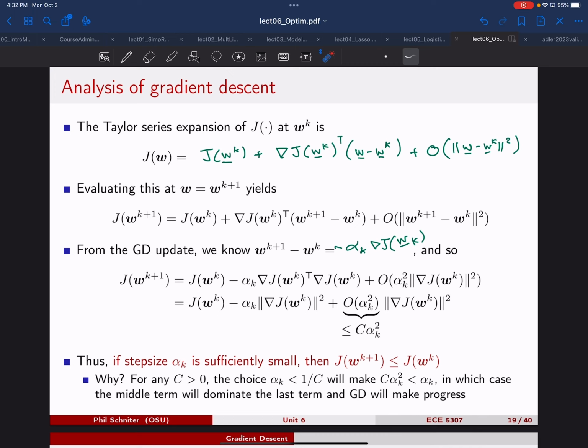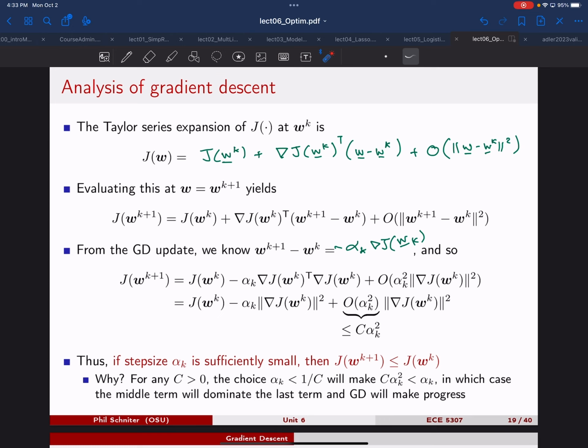What about when alpha is less than 1 over c? Which term will dominate? When alpha gets really small, this one, right? Because when alpha is really small, this is even smaller. So this ends up being the more important term.